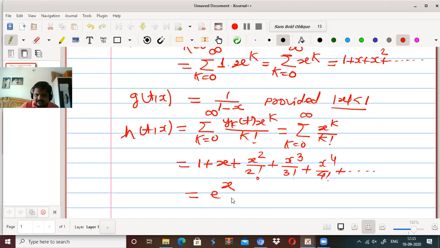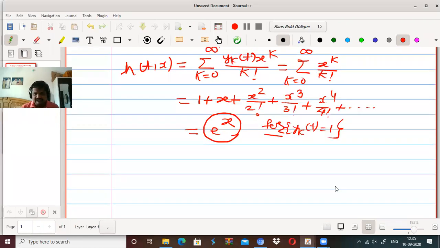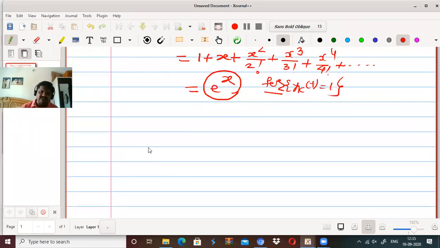So we can say that e to the power x is the exponential generating function for y_k^t equal to 1, and 1 upon 1 minus x is the generating function for y_k^t equal to 1. In this way we can obtain the exponential generating function as well as the generating function.